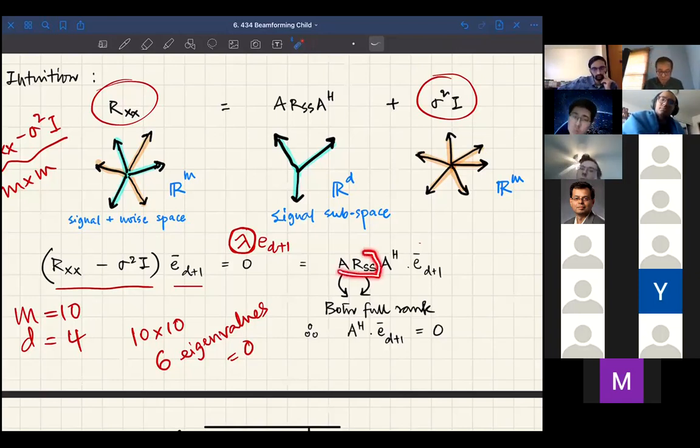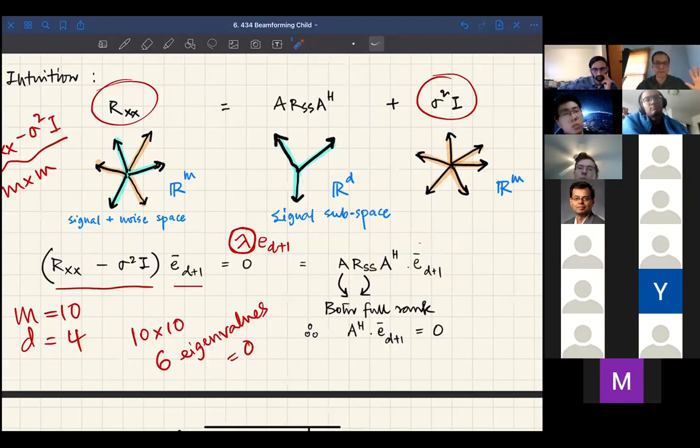If these two are full rank, this eigenvector multiplied with these cannot be 0. Because if these two are full rank, there should be no vector that multiplies these two to take it to 0. It shouldn't have a null space, which means A^H must be a matrix that has this eigenvector in its null space.